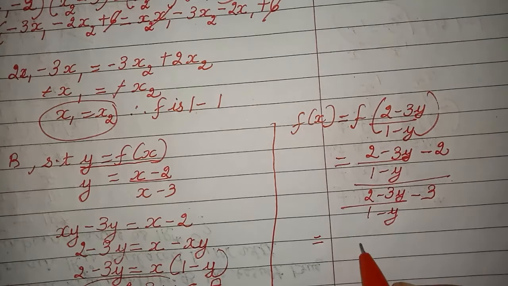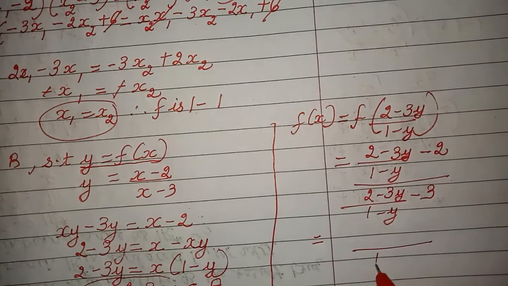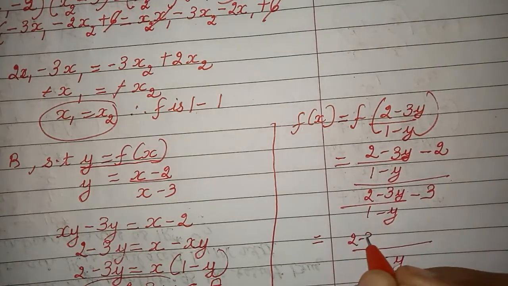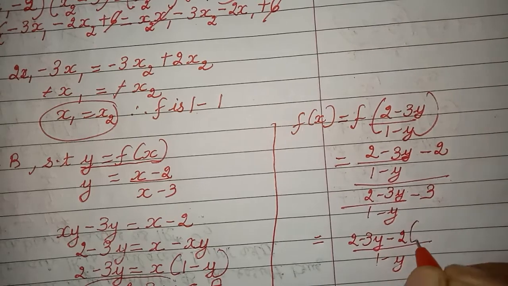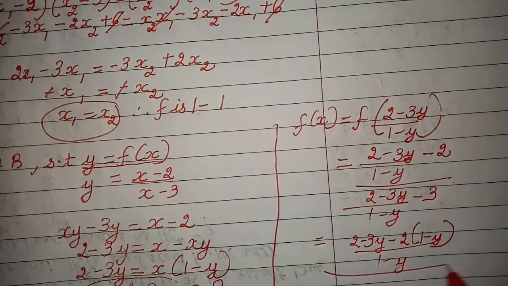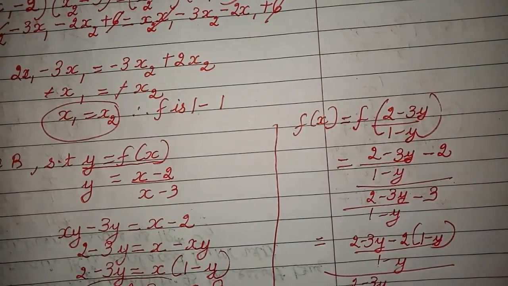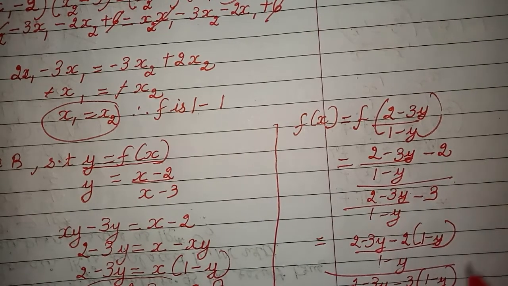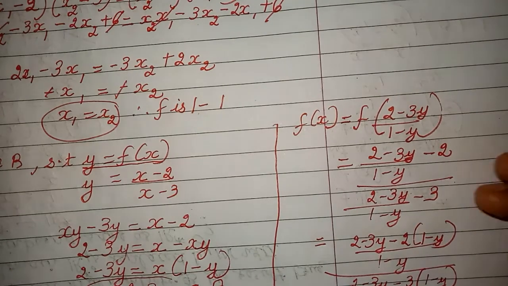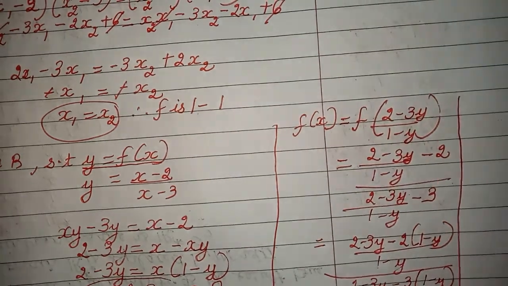You can make a common denominator. So this will be (2 minus 3y) over (1 minus y), minus 2, and you cross multiply, so minus 2 times (1 minus y) upon (1 minus y). You are taking the LCM here, 1 minus y.